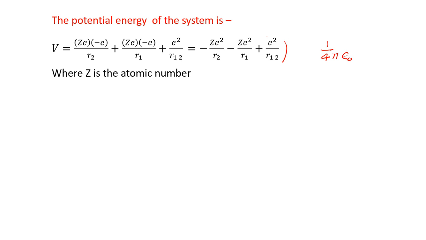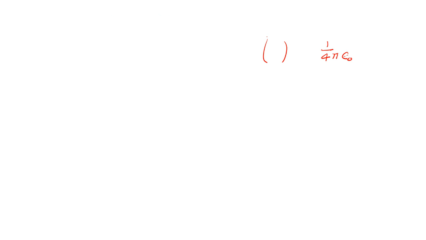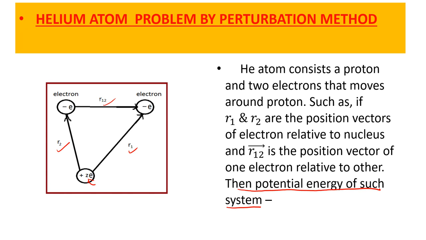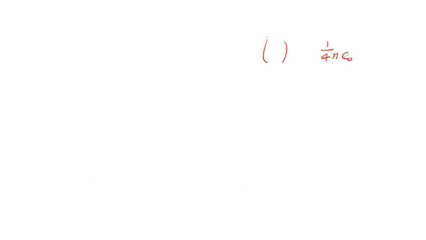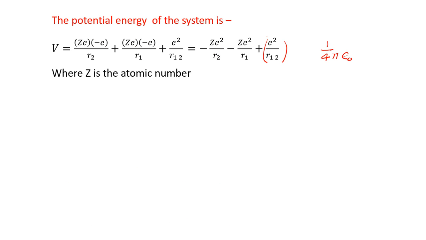This energy e squared by r12 is due to interaction between electrons. This interaction potential energy between electrons is treated in perturbation theory because of the disturbance produced by such interaction energy in the helium atom.